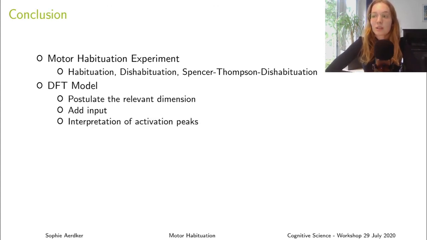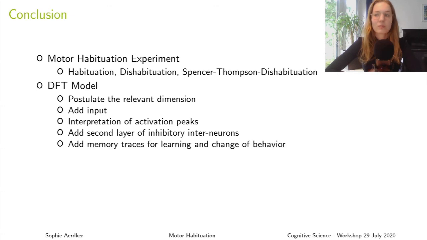We have the interpretation of activation peaks as movement plans and decisions to move. We added the second layer of inhibitory neurons for habituation. And then we added the memory traces for actual learning and actual change of behavior.